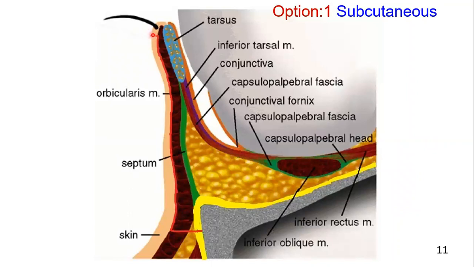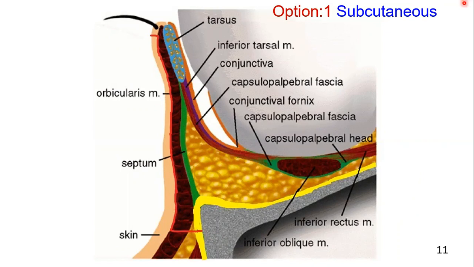That is, there is only skin incision. Dissect between the skin and the muscle until the orbital rim is reached, at which point another incision is made through the muscle and periosteum to reach the bone.